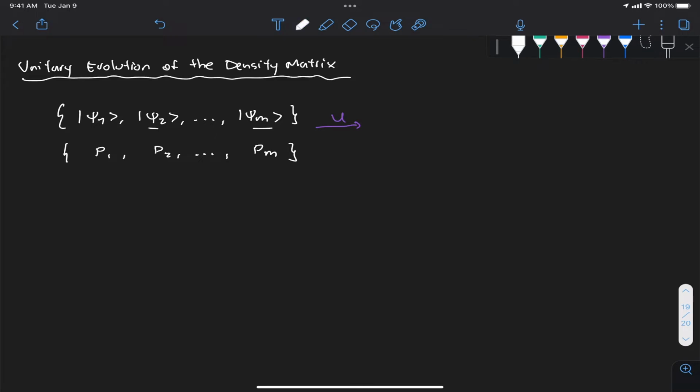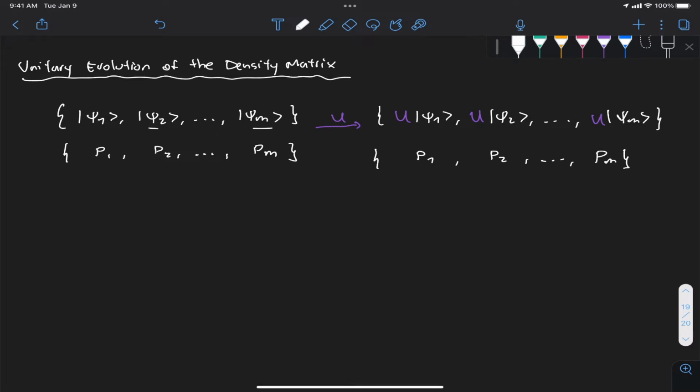So then, to update this list, all we need to do is apply the unitary to each of the individual items, so all we get is U applied to psi 1, U applied to psi 2, all the way up to psi sub m. And then the probabilities of occurrence don't really change. These are predetermined before we have applied that unitary to that particular state.